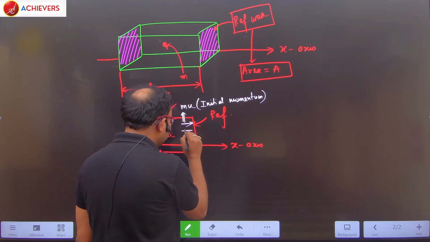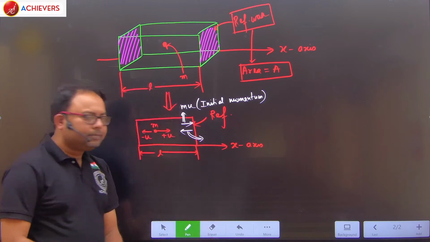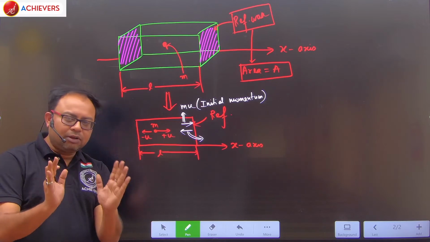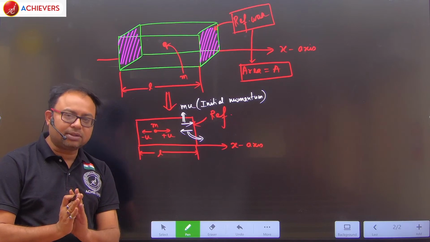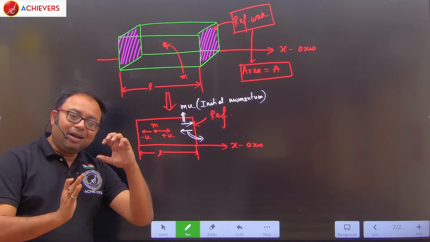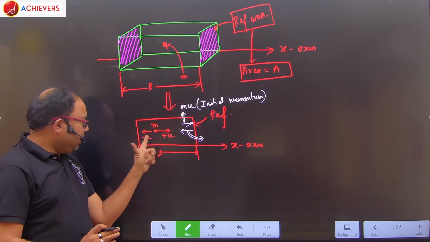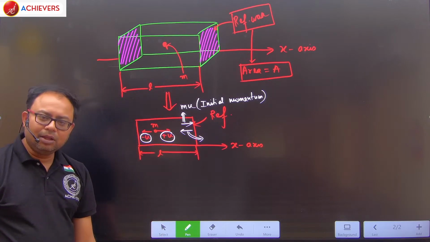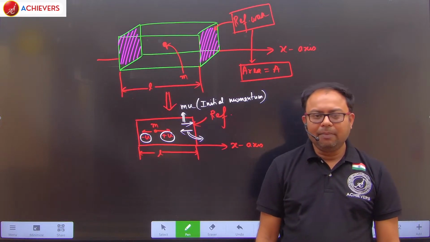So after collision, what will be the momentum? The magnitude of the velocity will remain all the same. Just the direction of the velocity will be changed. Initially it was plus u, now the velocity will become minus u. There will be no change in the magnitude, because there is no dissipation.